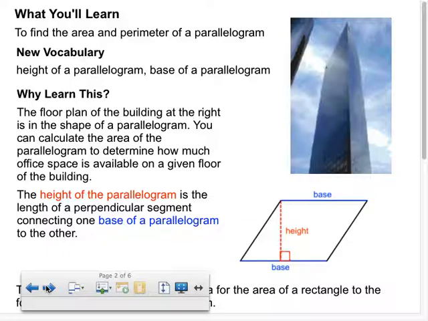Now this building, if you look at it from above, doesn't look like a rectangle or a square. It looks like a parallelogram. Have you guys ever driven through DC and seen some really weird shaped buildings? Well, they build it as big as they can inside that area between the streets, right?